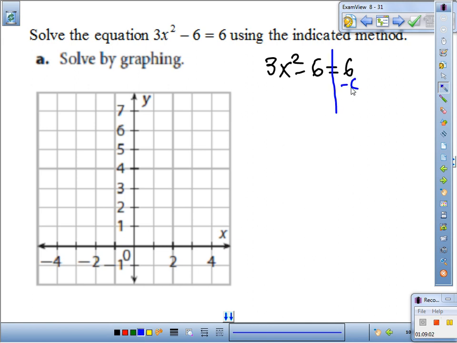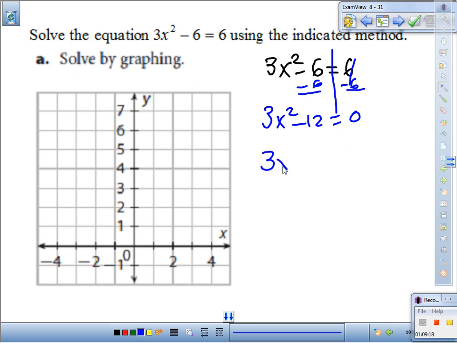So we do minus 6, minus 6. We end up with 3x squared minus 12 equals 0. But since we're graphing, now we need a y value. Before it became 0, what was it before? Very good. 3x squared minus 12 equals y.